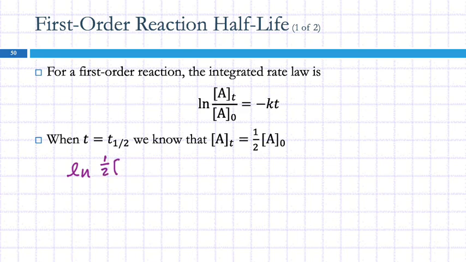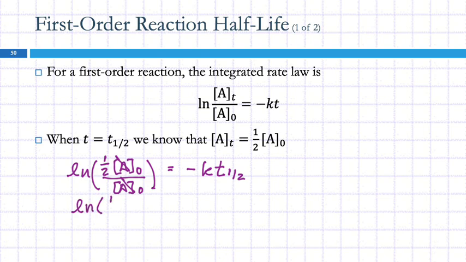So that gives us 1/2 A0 divided by A0, and that's going to equal -k times t 1/2. We're trying to get an equation that says t 1/2 equals something. Well, A0 over A0 cancels out, right? So now we've got the natural log of 1/2 is equal to -k times t 1/2.